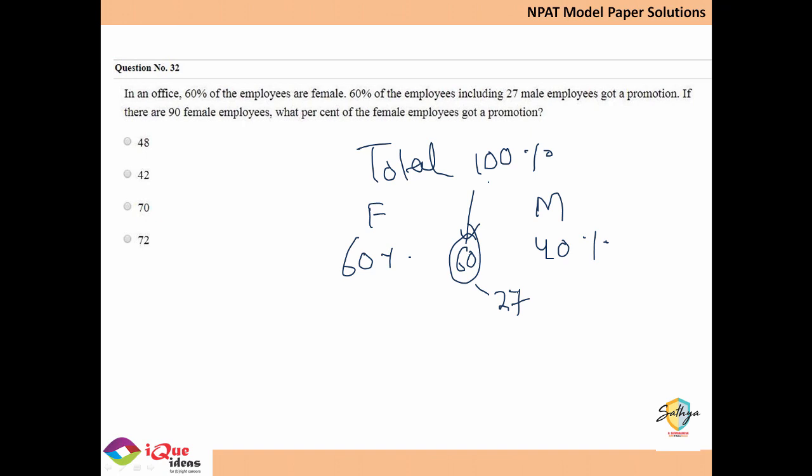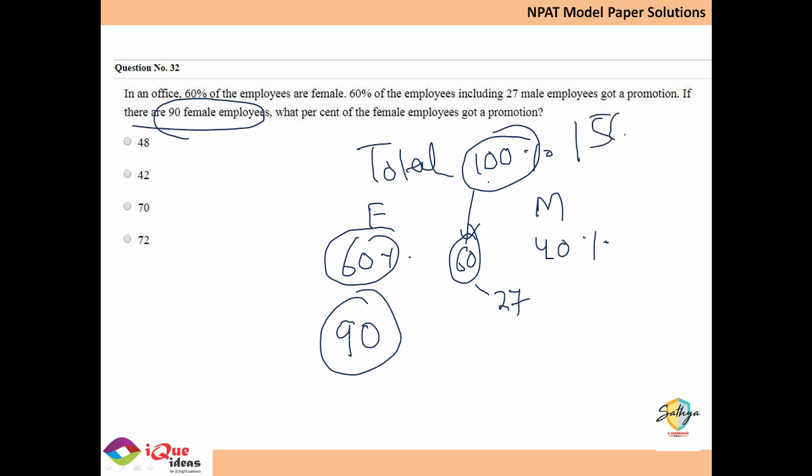Now I do not know the exact number, so moving ahead, I'll say there are 90 female employees. So if 60% means 90, then 100% means 150. So the total actual number of employees is 150, right?